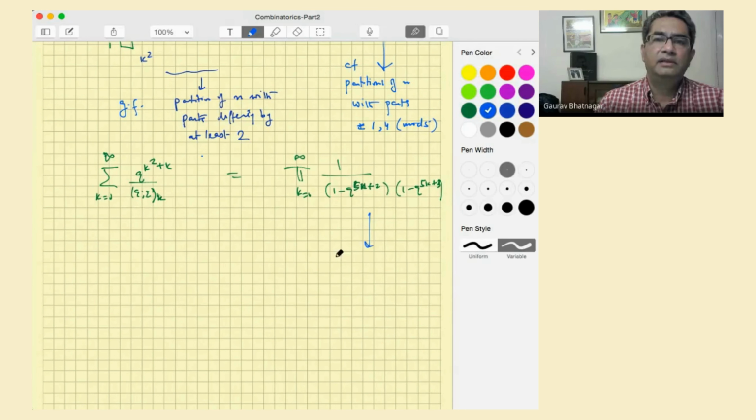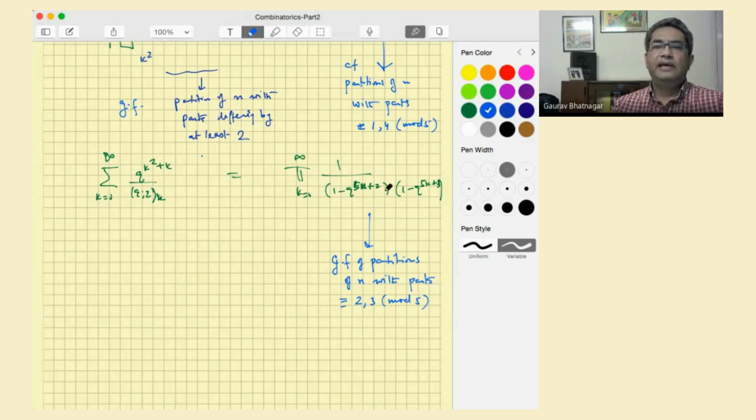This one is the generating function of partitions of n with parts congruent to 2 or 3 mod 5.